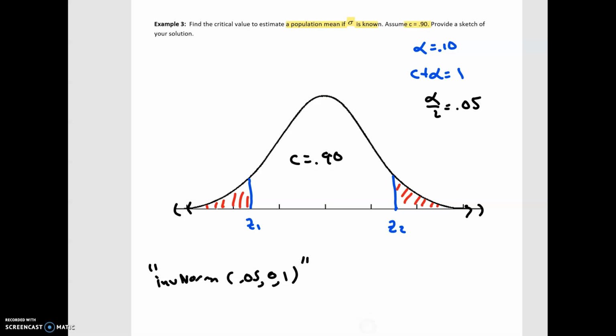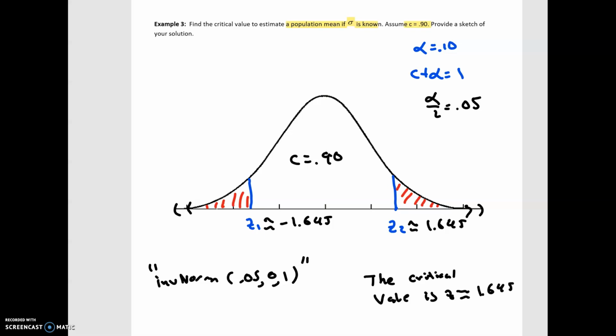And I'm getting that this value here is negative 1.645, and this value here is 1.645. So the critical value z is approximately 1.645.